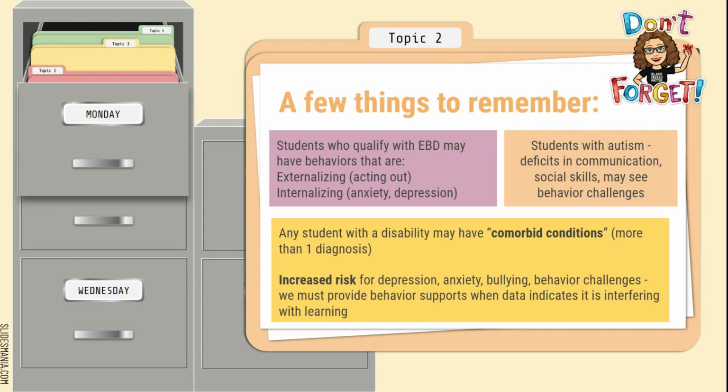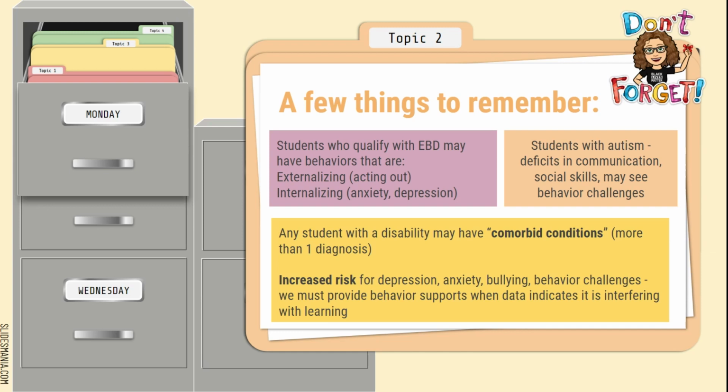When you're supporting a student with autism, you're thinking about students that have, by its definition, deficits in their communication skills and their social skills. And we may see some behavior challenges where we might need to support them. Having said that, we might see behavior challenges with any student, whether they have an IEP or not.